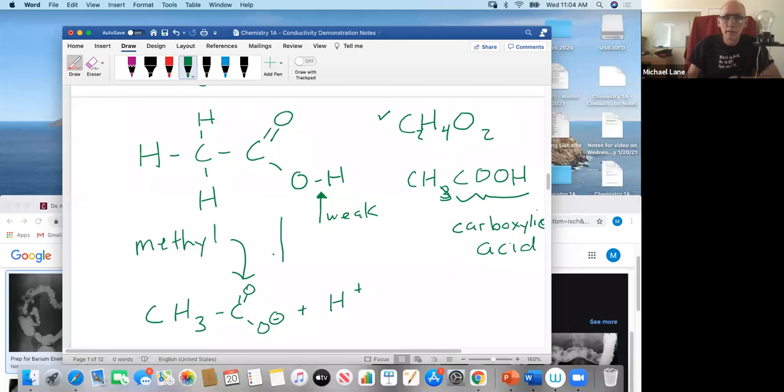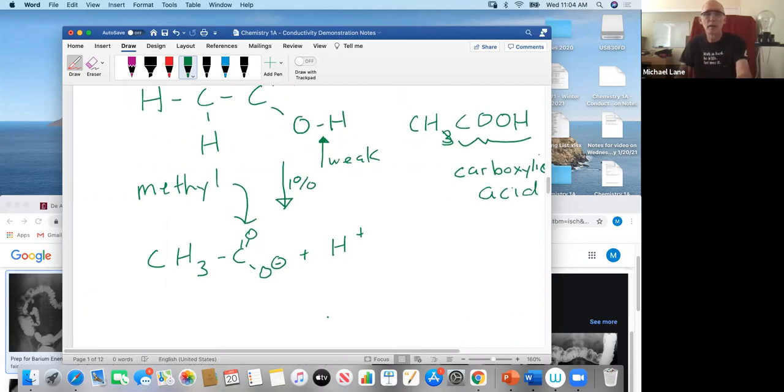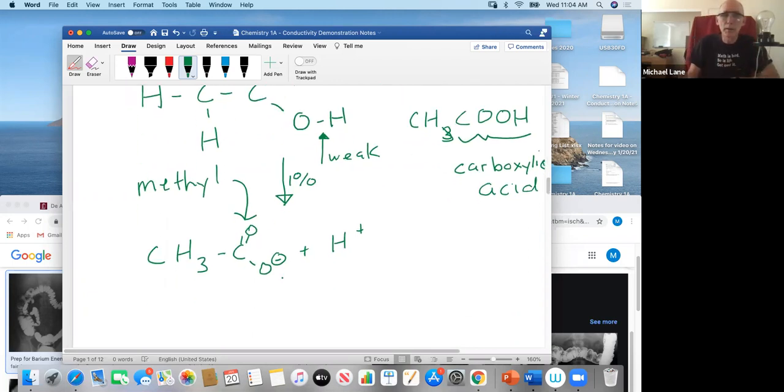And this is very much dependent on concentration. Perhaps 1% of the molecule will dissociate like that. But that 1% that does dissociate gives ions, which gave rise to the light bulb coming on, at least to a small extent.